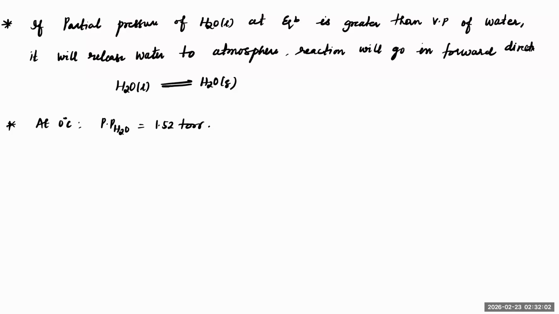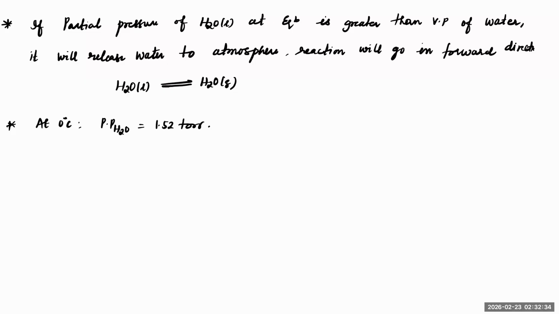Clear? Now, if this is the case, it will go in the backward direction till the vapor pressure in the atmosphere also becomes 1.52 torr. Sorry, my mistake, I mean the vapor pressure in the atmosphere becomes 1.52 torr.